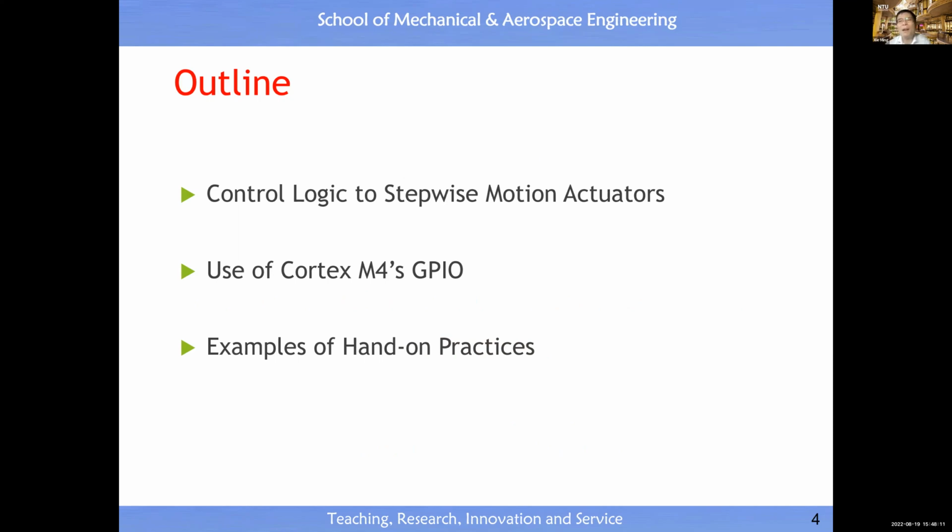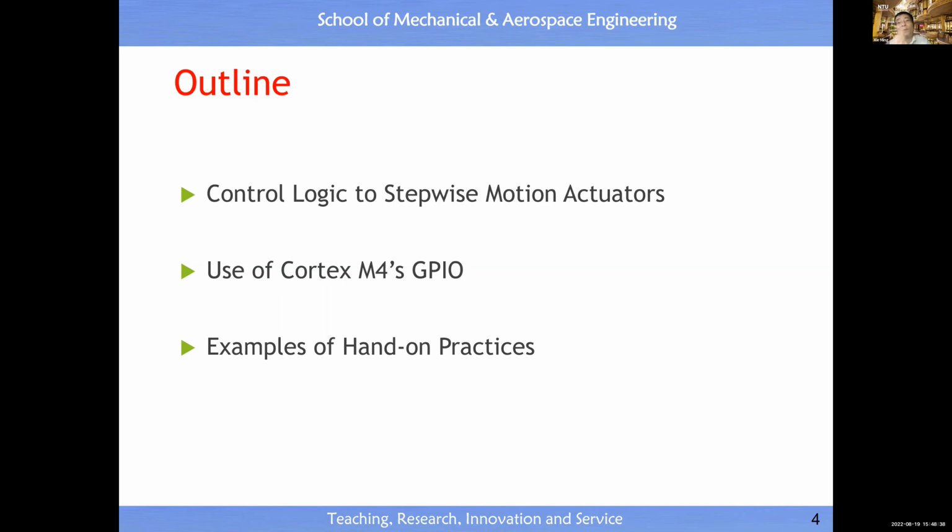In terms of number of phases, right? Single phase actuator refers to continuous motion actuator without the brush, right? And the 2-phase actuator refers to stepwise motion actuator, and 3-phase.